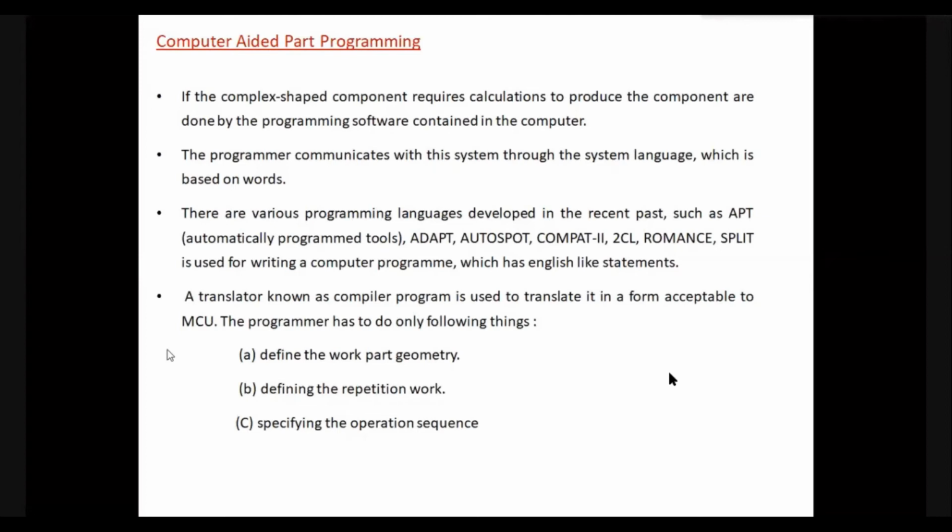These are all various programming languages developed in the recent past, such as APT, automatically programmed tool, AutoSpot, Compact 2, 2CL, Romance, Split, and there are several other languages. And generally we're needing those languages. Once the system is, we have to get ourselves familiarized with a few codes that are put in the succeeding slides. Okay.